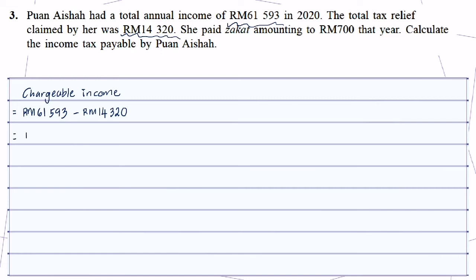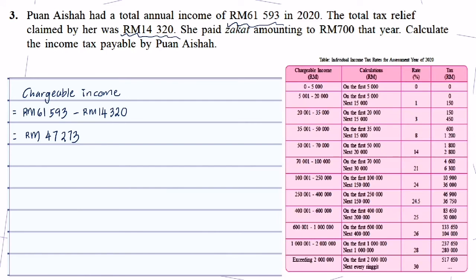Chargeable income equals 47,273 ringgit. The chargeable income, we can start to count the income tax.